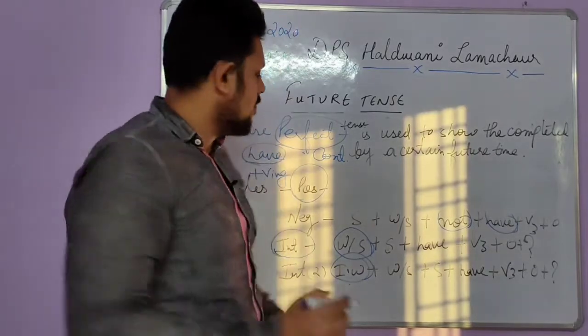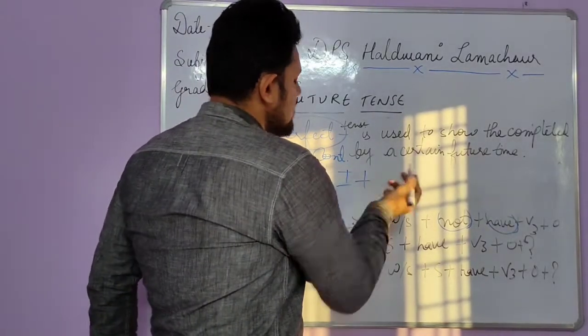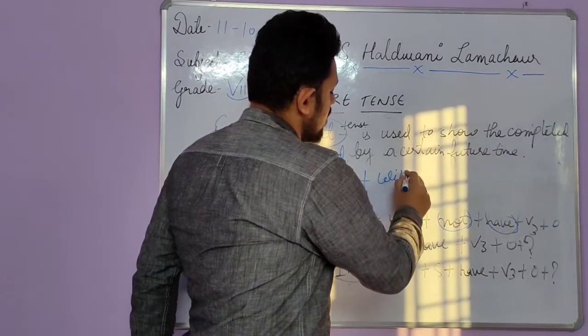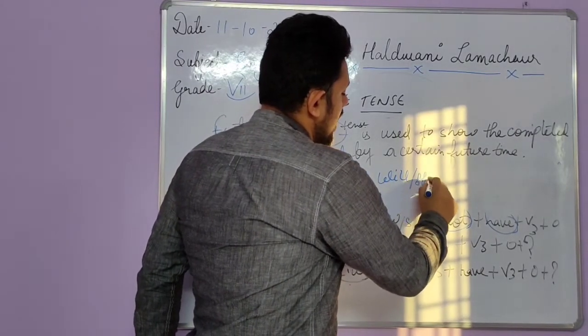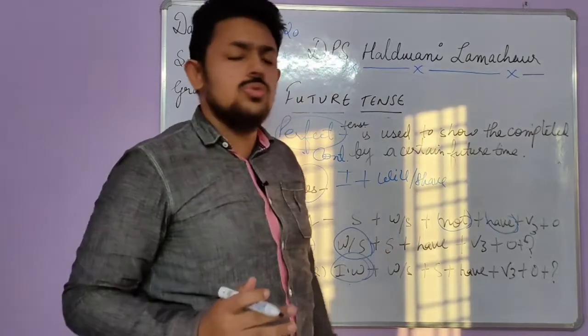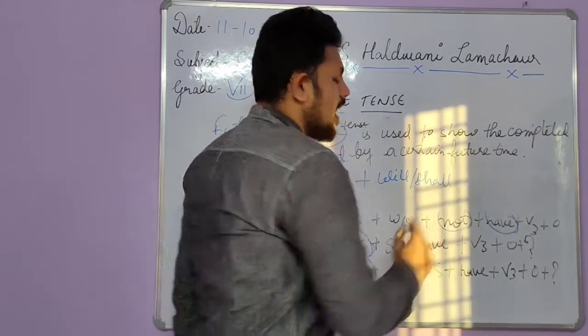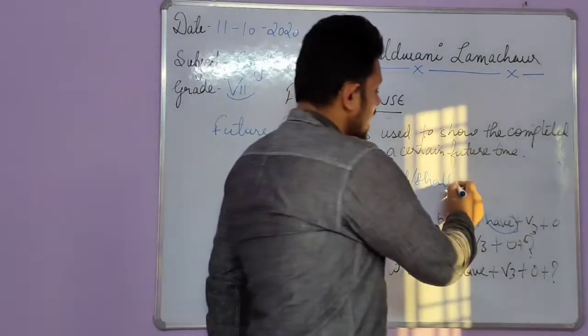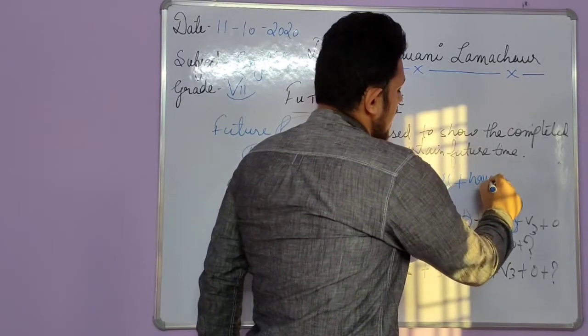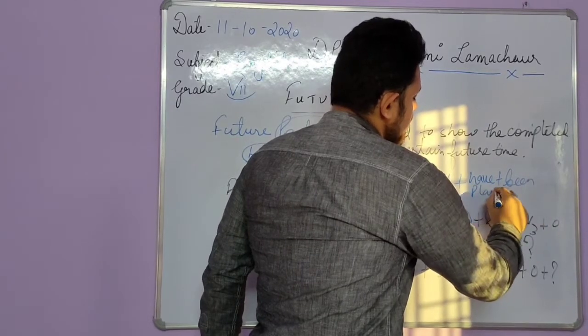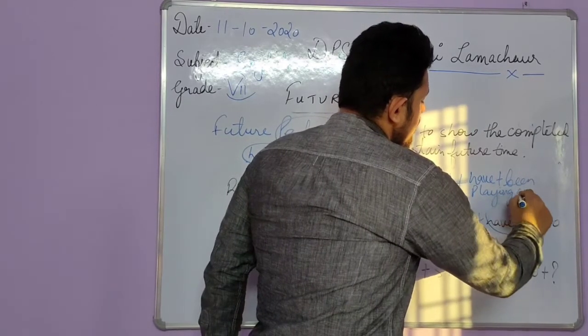See the structure. We use the subject I plus will or shall. I will. What will we use next? We will use I will have. You're getting it. I will have been playing cricket.